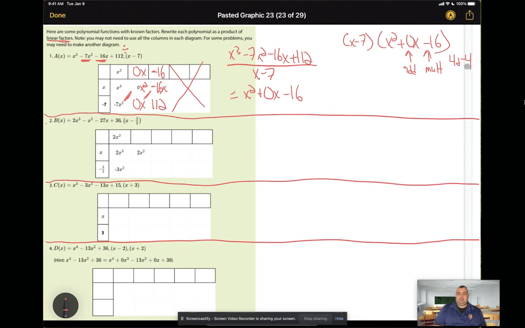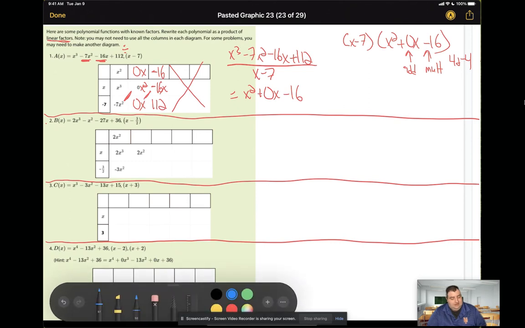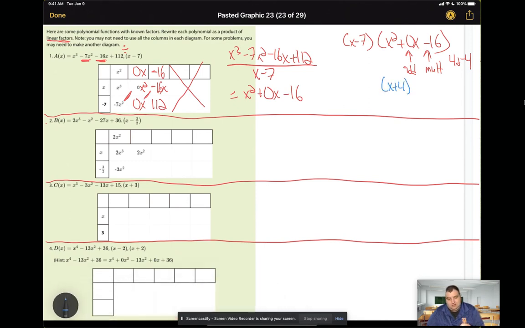Because 4 plus negative 4 is 0, and 4 times negative 4 is negative 16. So my two factors for that are going to be x plus 4 and x minus 4. And if I combine that with the first factor of x minus 7, I now have taken the polynomial and rewritten it as a product of linear factors. I used division and I used factoring to help me to do that.